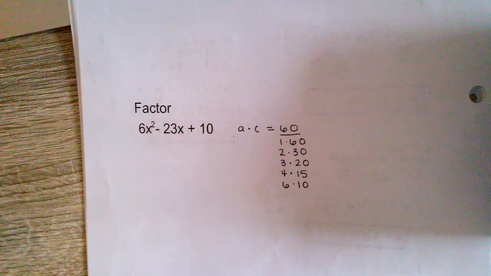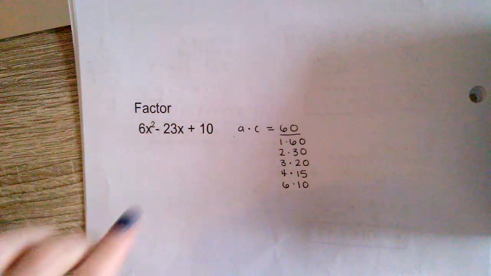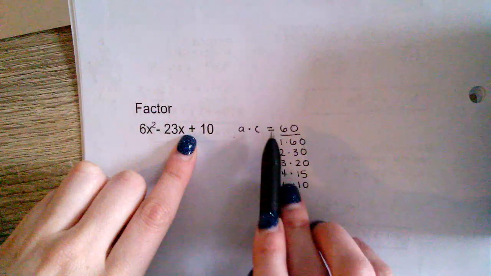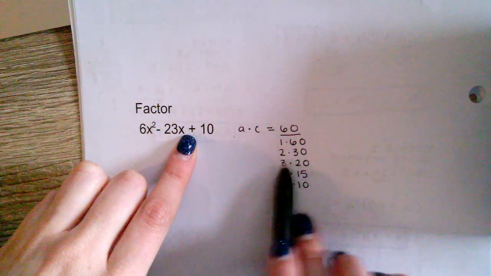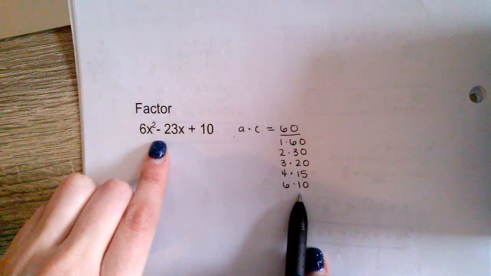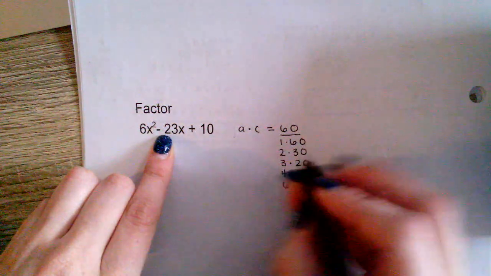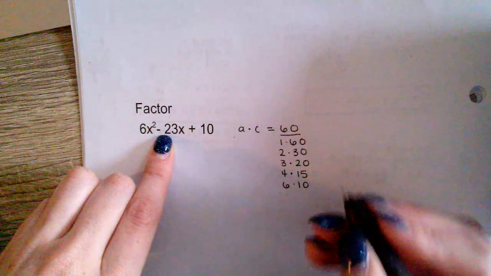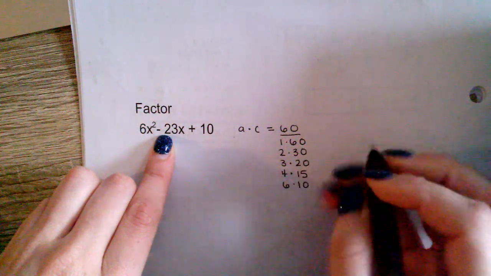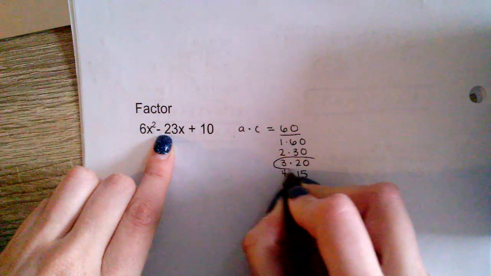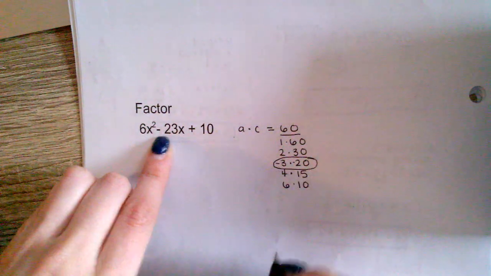So these are all of our options. We now need to look for, because this number is a positive 60, that means both of these are the same sign, but it's a negative in the middle, so it means that these are going to be both negative. So we have to look at what combination of these adds together to be negative 23, and that would be negative 3 and negative 20.